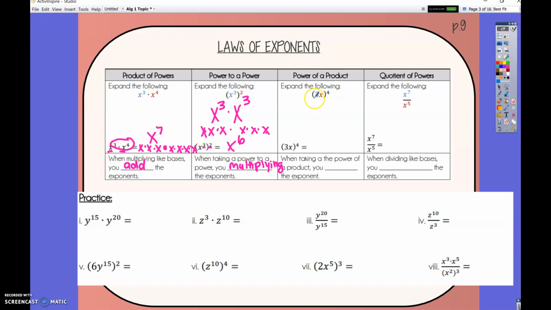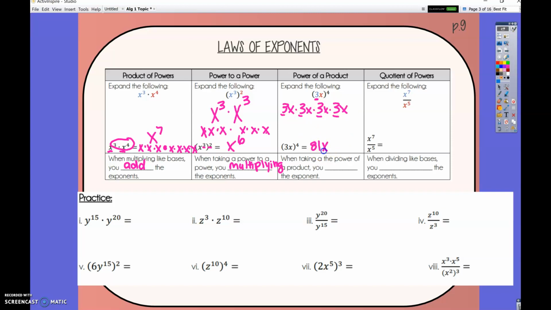If we happen to have a coefficient or a number inside being taken to a power, 3x to the fourth says we're taking 3x times 3x times 3x times 3x. We would have to multiply all the 3 times 3 times 3 times 3. And that would give us 81. X times x times x times x.